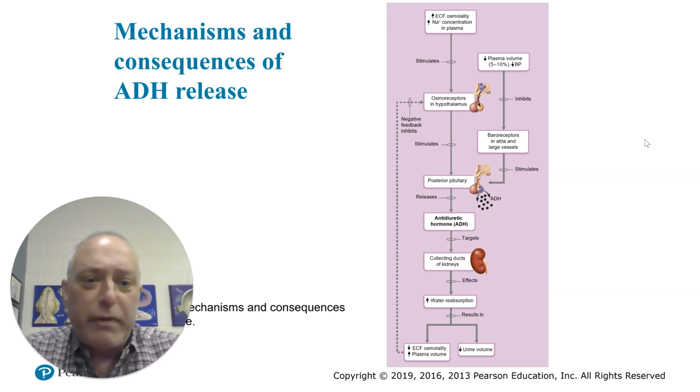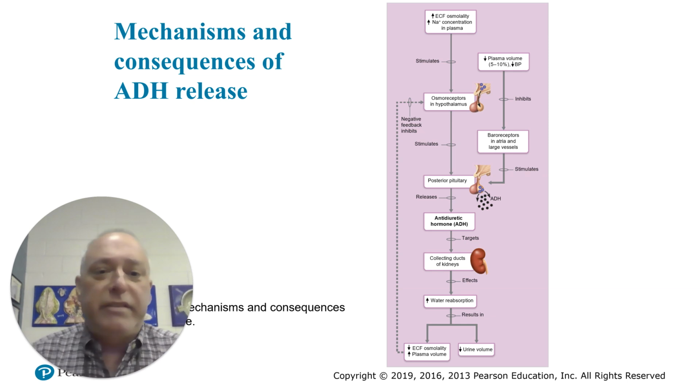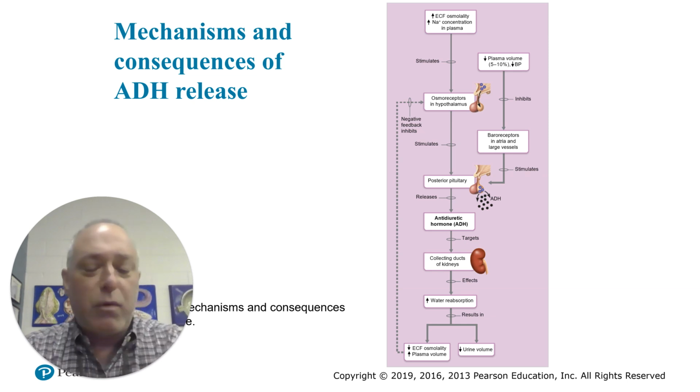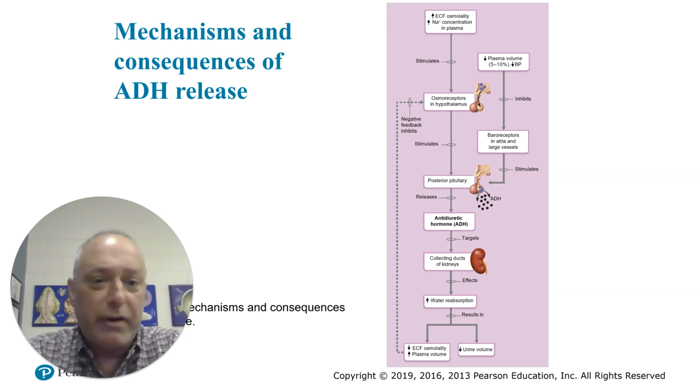Then there are also baroreceptors in the atria, and these respond to blood volume. And so decreased blood volume is going to decrease the output of these baroreceptors, but they're then going to stimulate antidiuretic hormone released from the posterior pituitary to try to get that volume back up.